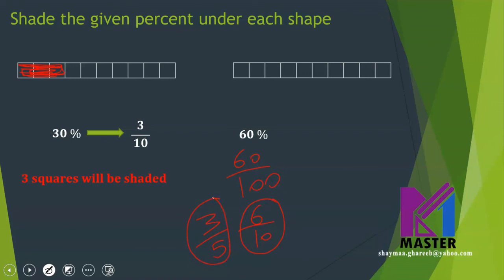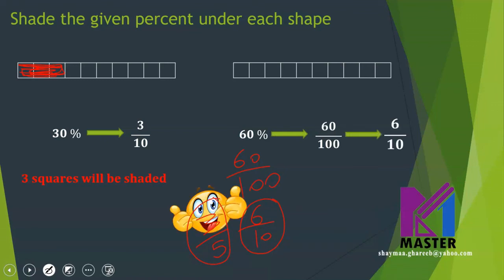So at the end, there will be 6 squares shaded. So we are going to shade 6 parts from the shape. Is it clear? And again, please, when you shade any shape, you have to do it with pencil and make the parts fully shaded.